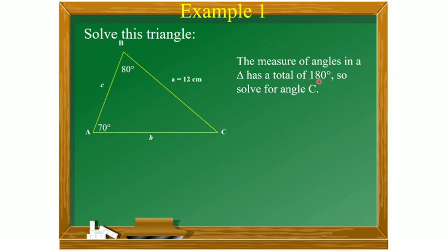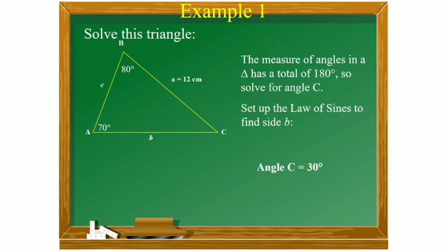Subtract it from 180 degrees. So 180 degrees minus 150 degrees, the value of angle C now is 30 degrees.